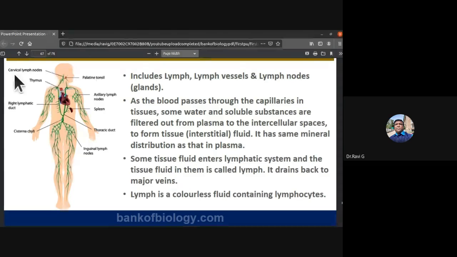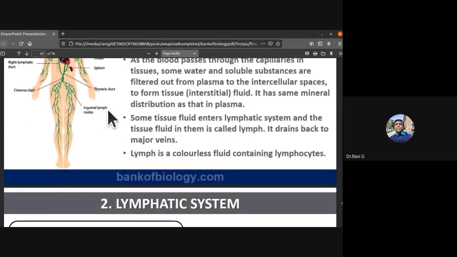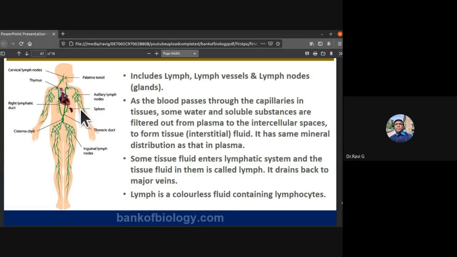You can notice the various lymph nodes: cervical lymph nodes, axillary lymph nodes, the right lymphatic duct, the cisterna chyli, a very big lymph vessel. Then there are the inguinal lymph nodes. The right lymphatic duct, the left lymphatic duct, the spleen is there.